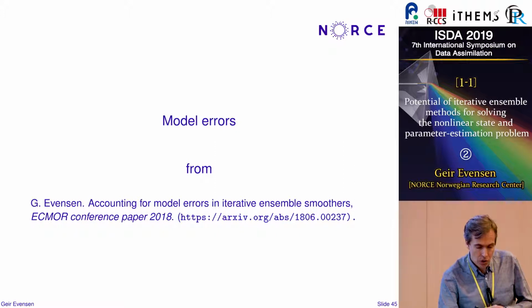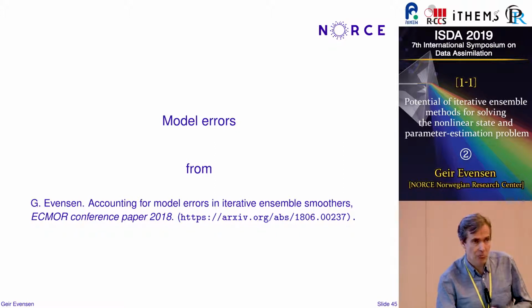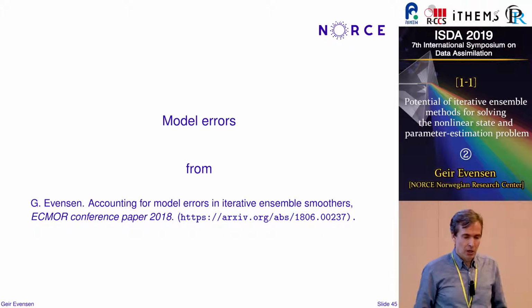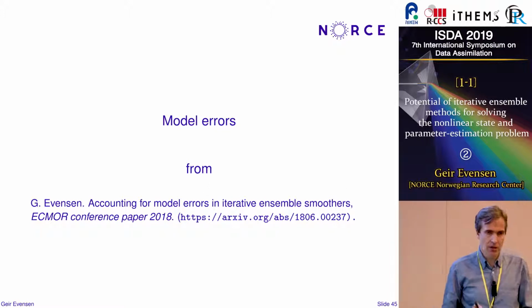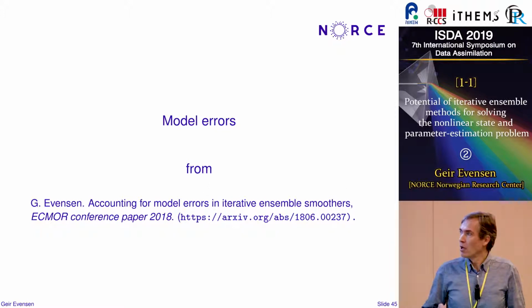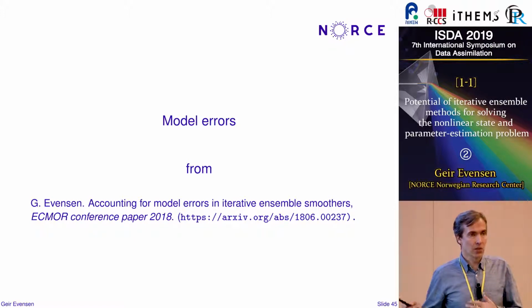Then I'm going to show a couple of slides about model errors and the importance of model errors. This is something I've been thinking about for quite some time, and it was not really clear to me how to incorporate the model errors in the iterative smoothers and if it was possible.